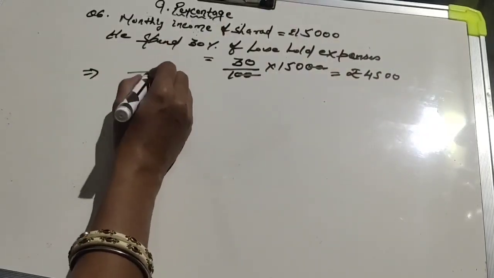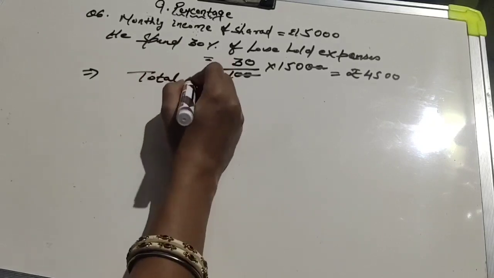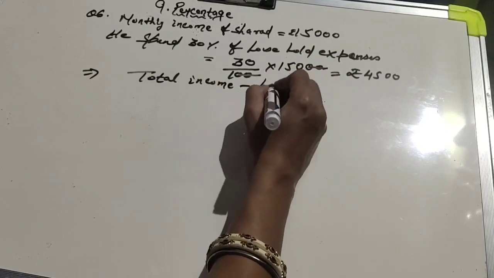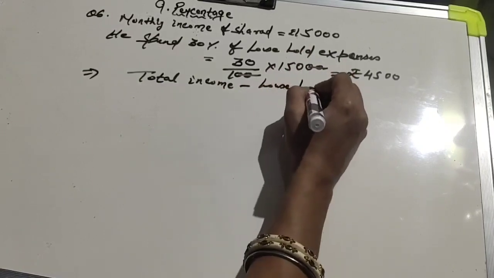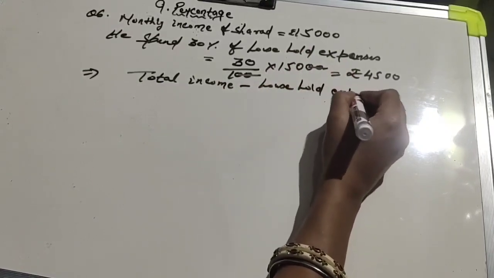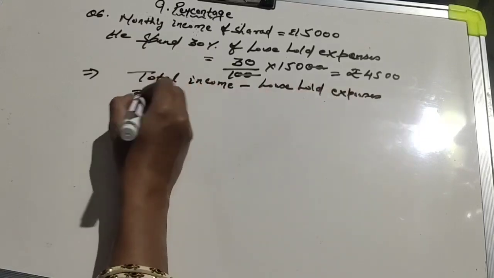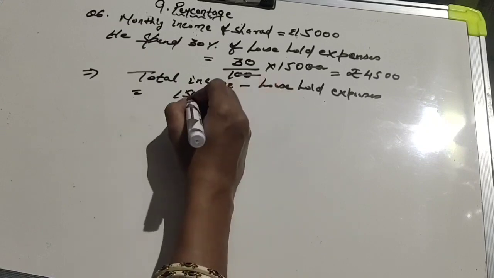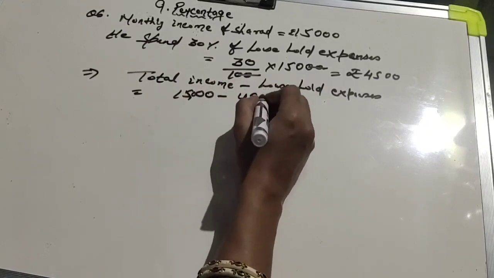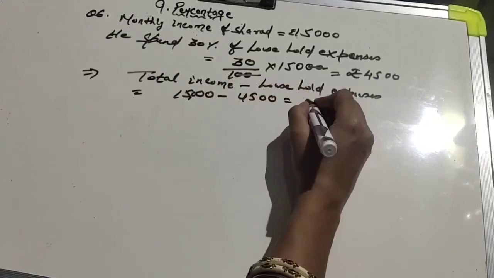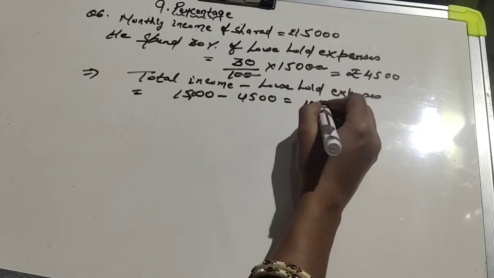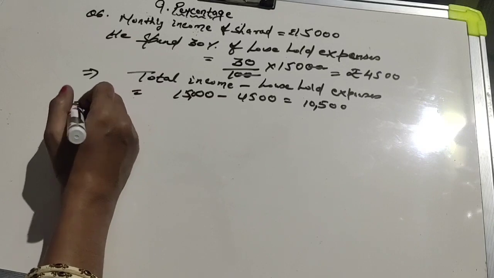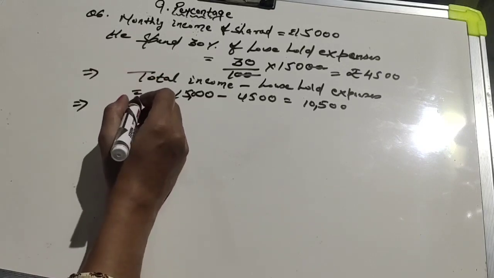So what to do? Total income minus household expenses. Total income is 15,000 and he spent on household expenses 4500. So 15,000 minus 4500 is equal to 10,500 is the remaining amount. Now next it is given that 20% he spent on shopping.